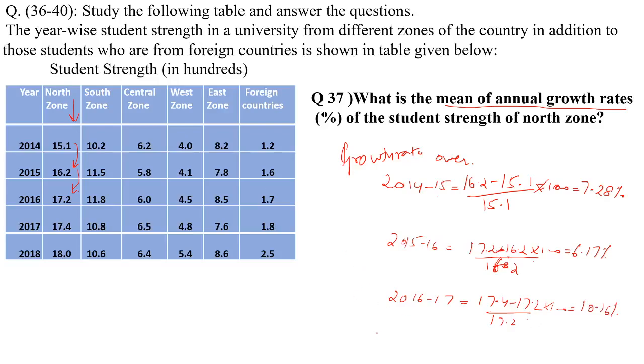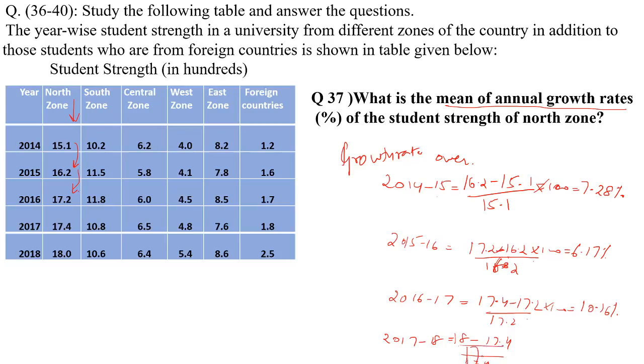Next comes 2017 to 18. It will be 18 minus 17.4 upon 17.4, into 100.